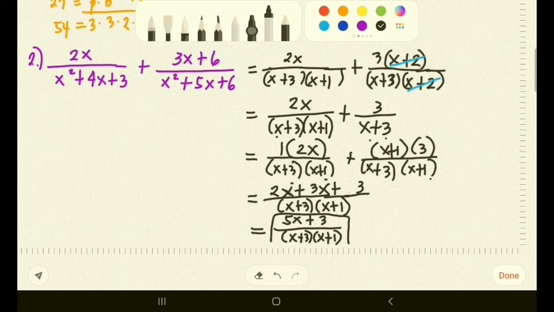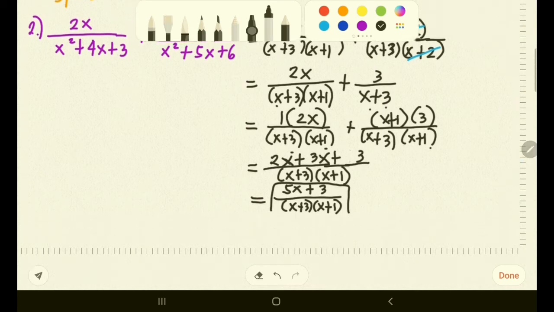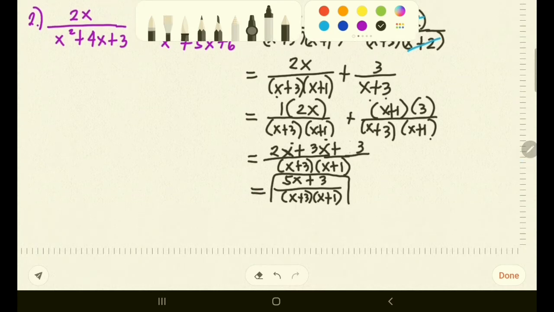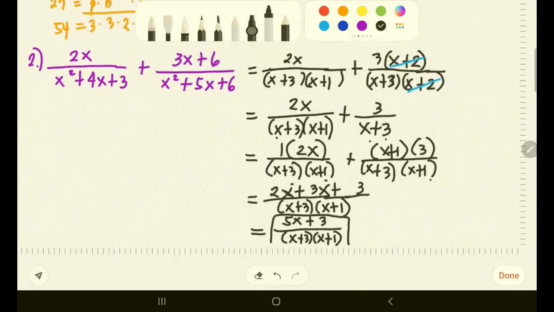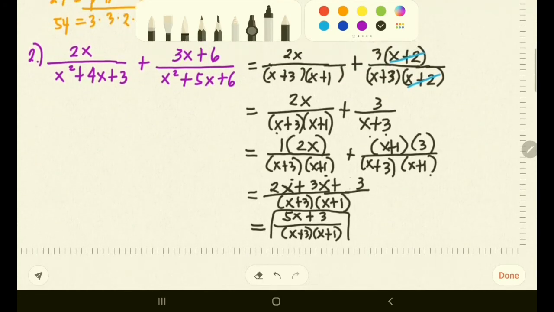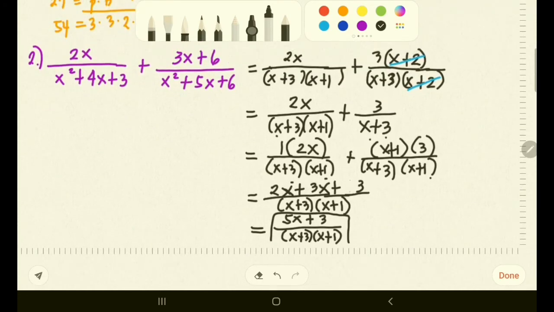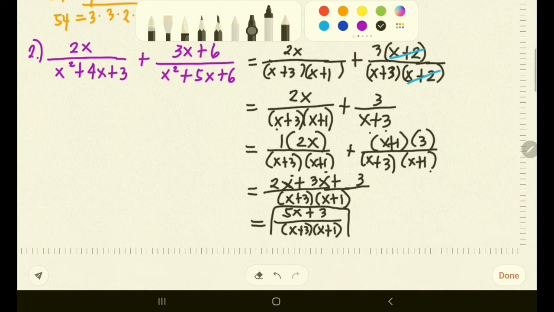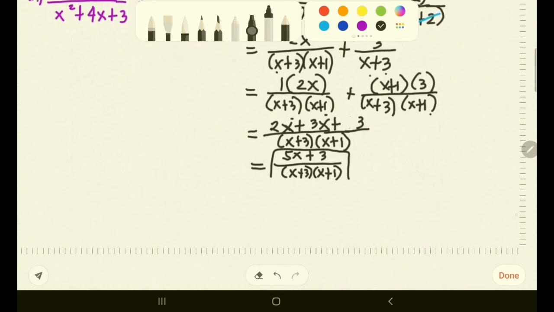Now let's go on to the next example. Okay, for this example number 2, you have your addition. How about if we change that into subtraction? Okay, let's have that.